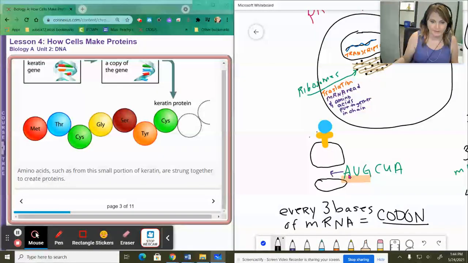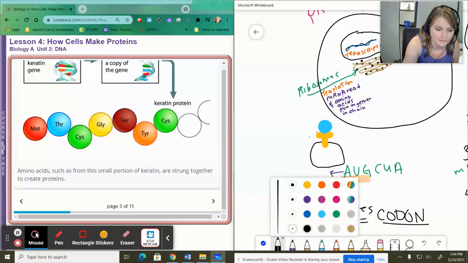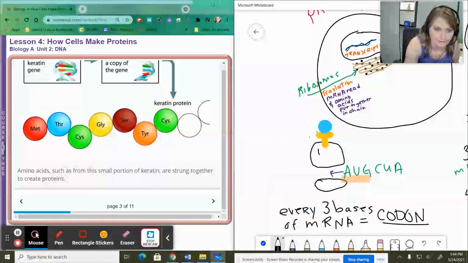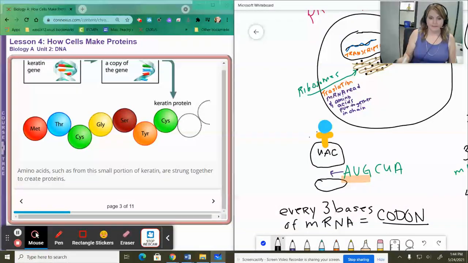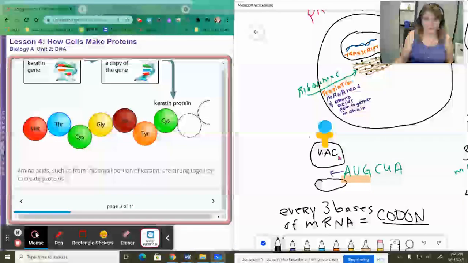So the complement of AUG would be UAC. Remember, with RNA, A bonds with U, C bonds with G. So it carries the complementary code, UAC.